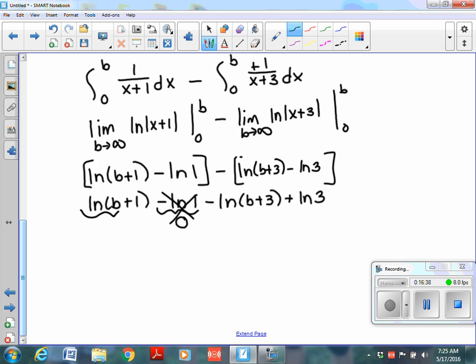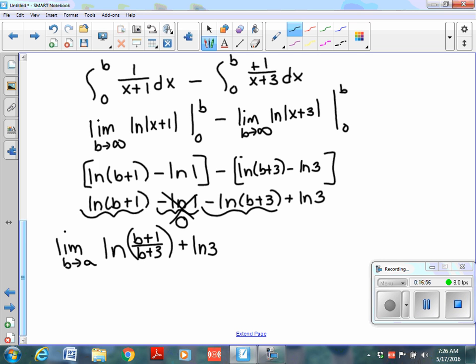I'm going to combine these two because of the laws of the natural log. So the natural log, and when you have a minus sign in between, I can divide these, plus the natural log of 3. And remember, I still need to do the limit as b approaches infinity. I haven't done that. So as b approaches infinity, think about this now. This is always going to be a little bit smaller than this.